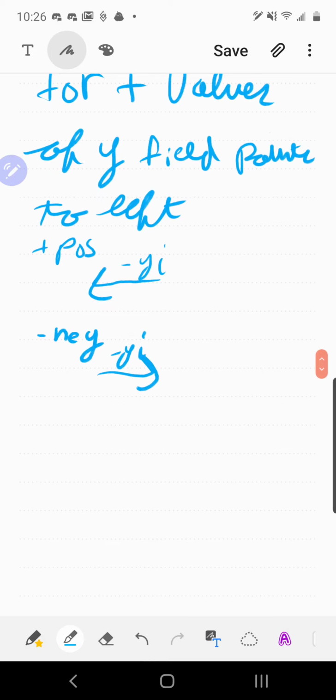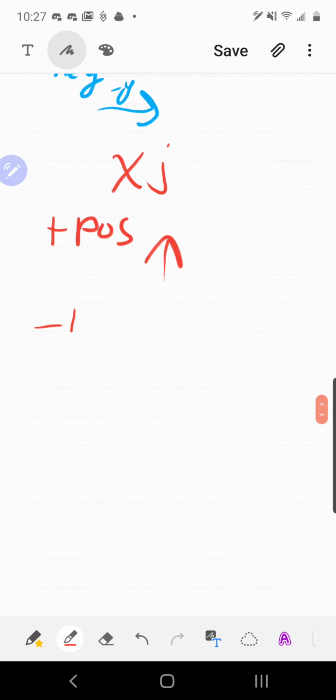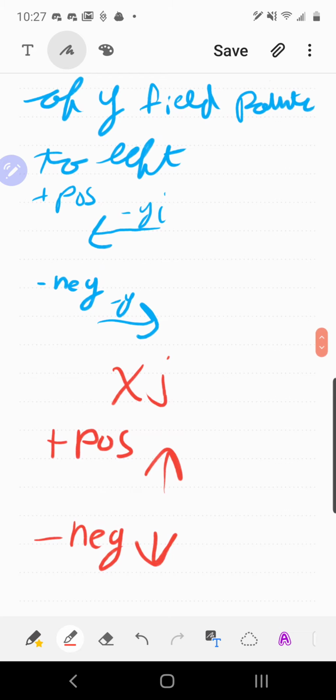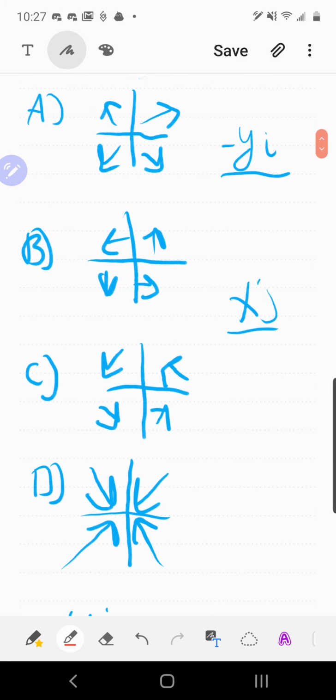Now let's look at x. For x, positive values will point up, and negative values will point down. So with that information, let's see if we can discern which one of these is correct.